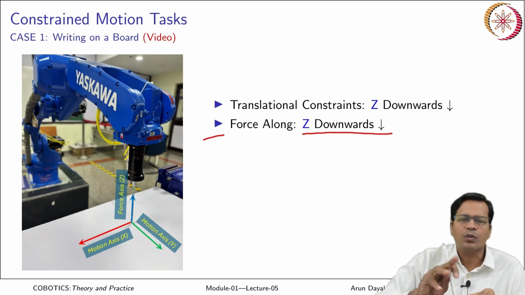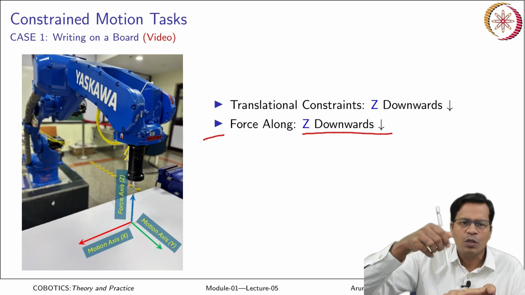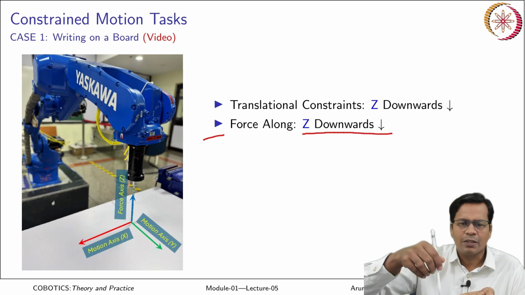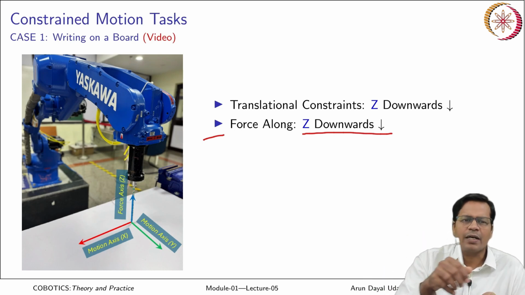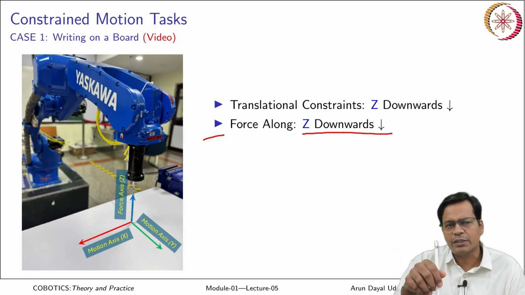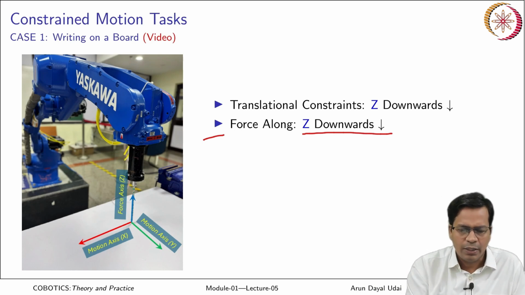If you take the force along the vertical upward direction, it will lose its contact and no more writing will happen. So, you have to continuously maintain the normal force against the surface, and because there is almost negligible friction along the surface, you are free to move along x and y directions.